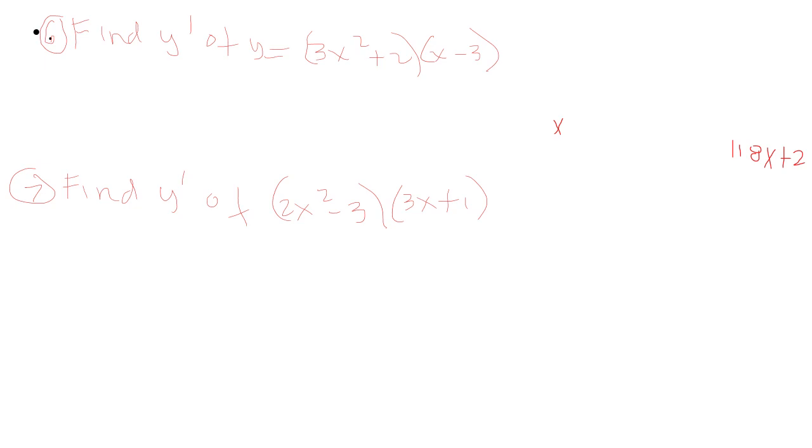Find y prime of y equals (3x squared plus 2) times (x minus 3). So the solution is using the product rule. Product rule equals the first term times the derivative of the second term plus the second term times the derivative of the first term.